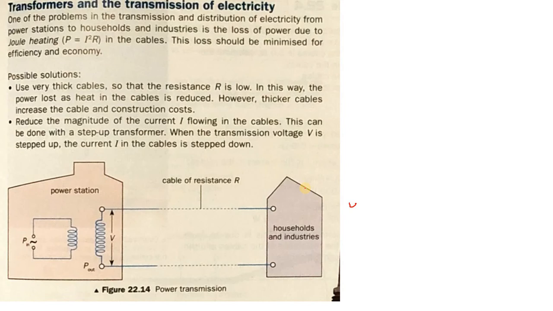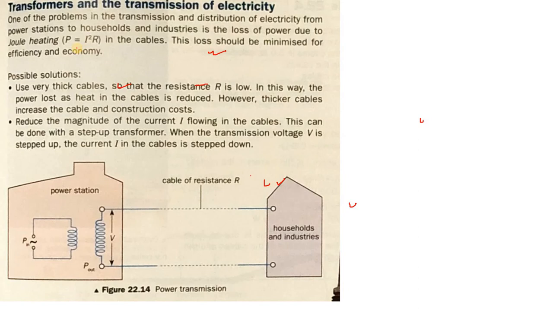So it is modified by different transformers. During the transmission, one problem is that whenever current is flowing, there will always be some heating effect, because when the current goes, the electrons in the wire find resistance, and that leads to the heating effect.